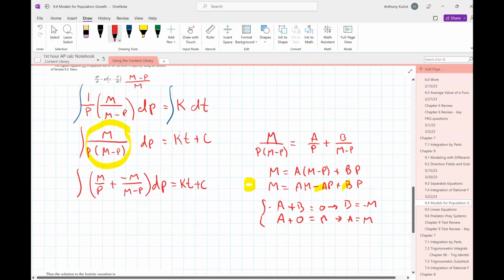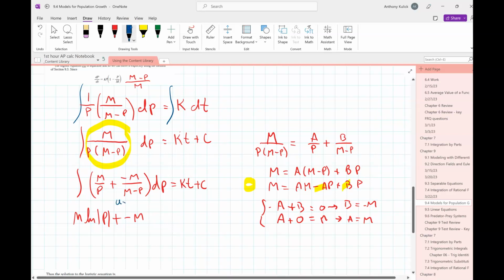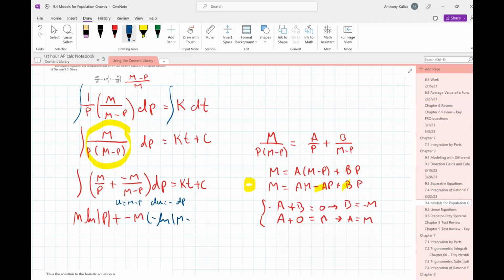So this is easy to do piecewise. So the m just is going to pull out front, and I have m times the natural log of p plus negative m, and this is again just an easy u sub. So we're going to have negative natural log m minus p.